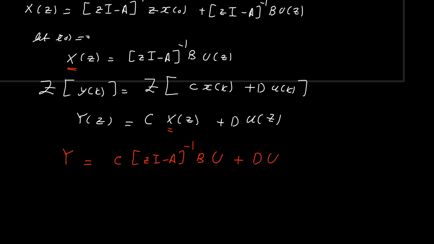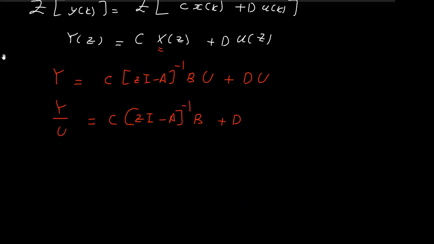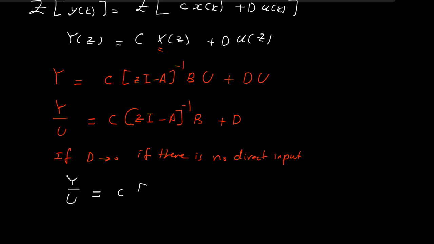So simply this means that the transfer function, which is the y over the u, is equal C zI minus A inverse B plus D. And simply if D goes to 0, if there is no direct input in the system, then the transfer function now, y over u, is equal C zI minus A inverse B.